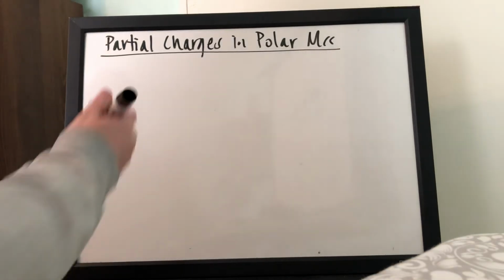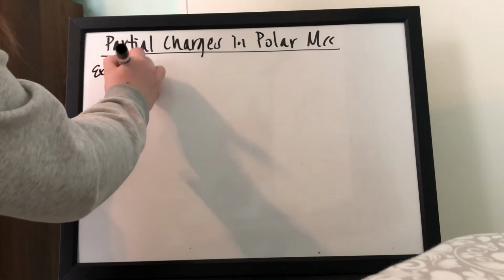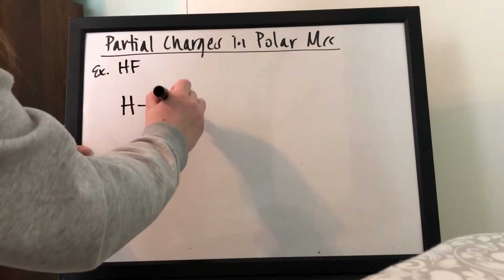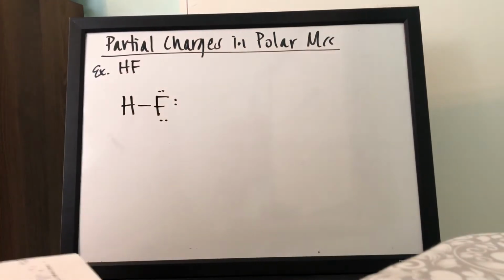If we talk about HF, for example, hydrofluoric acid, if we look at a Lewis structure, of course, the Lewis structure looks like this, and we've already determined today that this bond is a polar bond, because F is more electronegative and wants the electrons more. What we haven't discussed, though, is that because F is more electronegative, F draws the electrons toward itself more of the time.